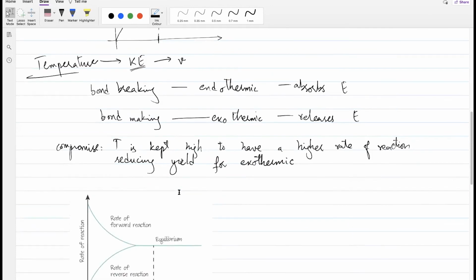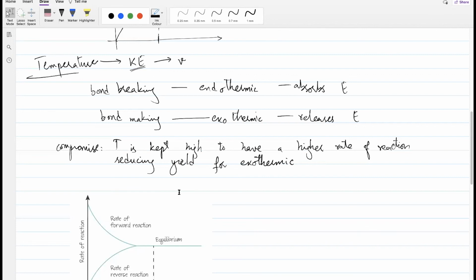Sure, then I'll explain it again. So temperature is related to kinetic energy, and kinetic energy changes the speed of things. So that means the first and direct effect of temperature is on rate of reaction. The rate of either side, forward and backward, both of those sides, they will collide more if you have higher temperature, and they will produce more of the product, more reaction will happen.